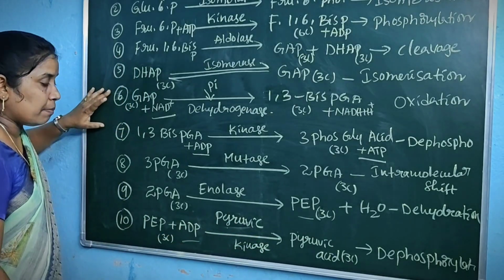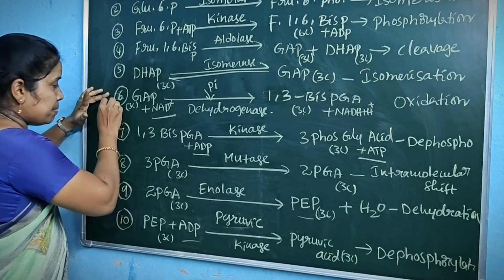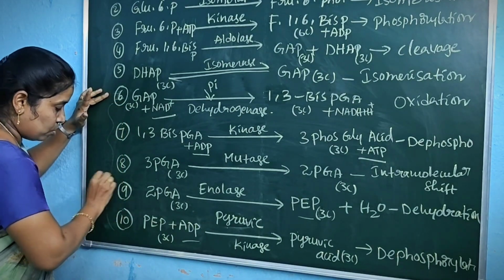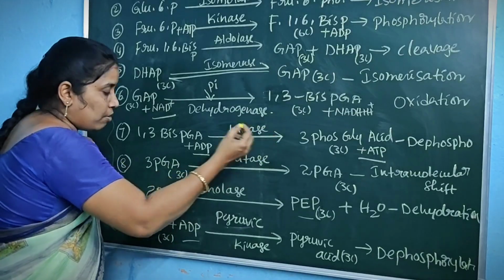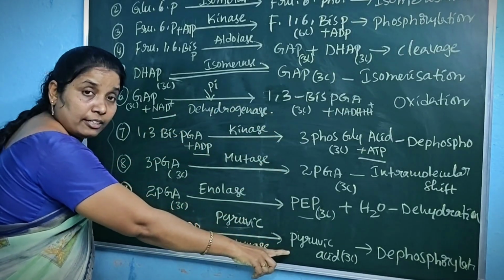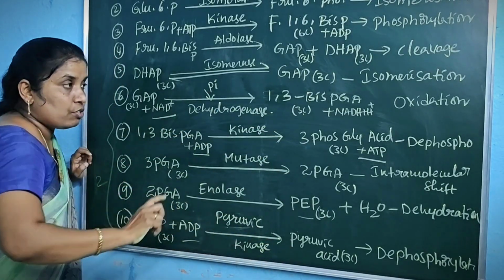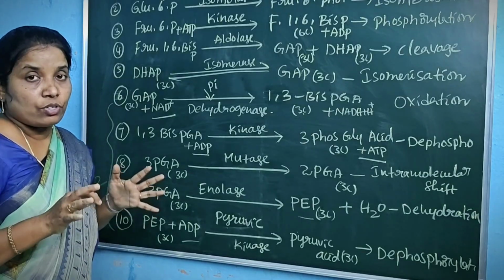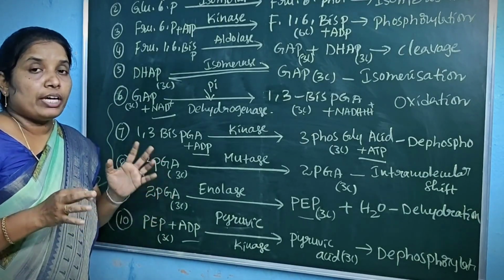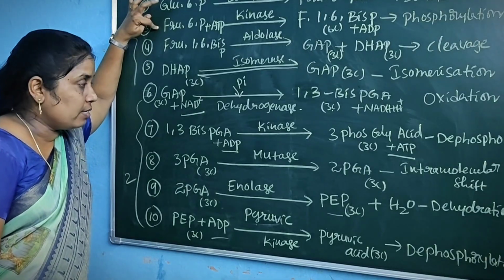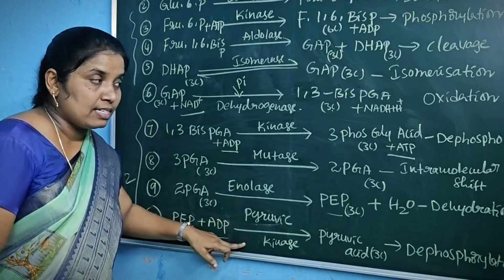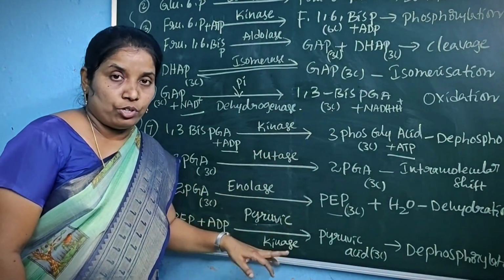So from the 6th step to the 10th step, these steps occur 2 times. So that's why we are getting every molecule 2, 2, 2. Okay, you have to multiply each molecule by 2. So if you see the energetics of glycolysis, in the first and third steps, 2 ATPs are utilized, whereas in the 7th and 10th steps, 2 ATPs are produced.